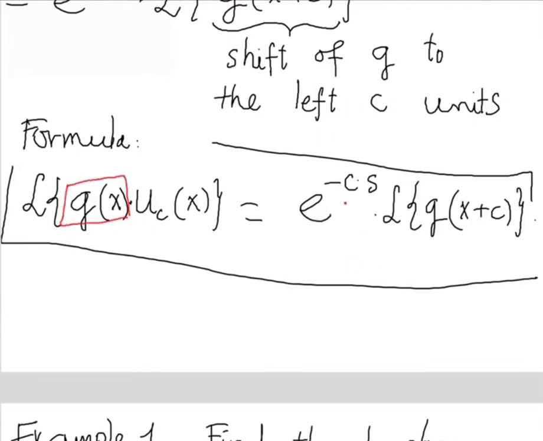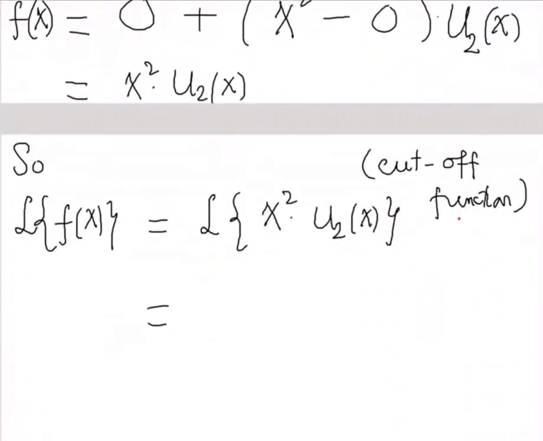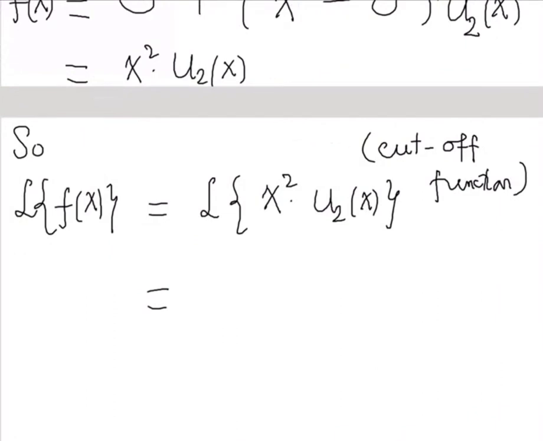First, we have e to the minus cs, and then we have Laplace transform of this shift. This function is not the same as the original g of x, but it's the shift, meaning that the input is changed to x plus c. Whenever we have the input x, we need to replace that by x plus c. Over here, c equal to 2.